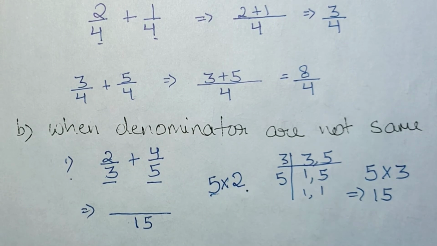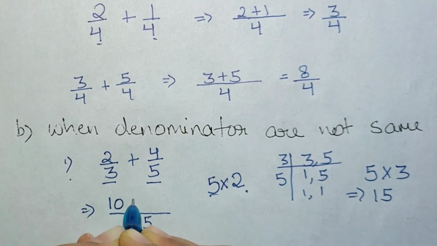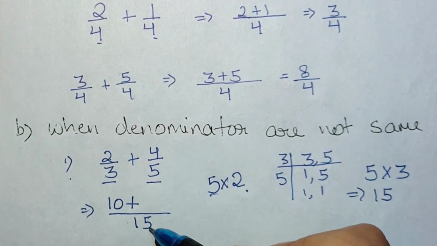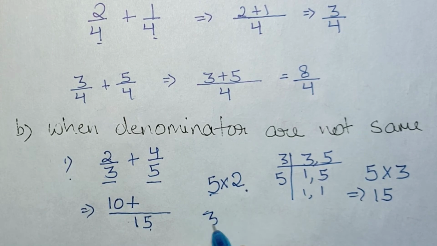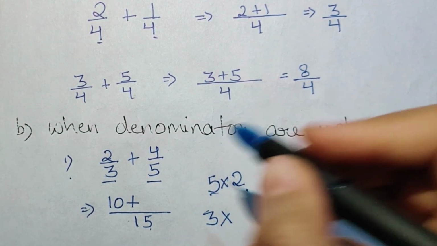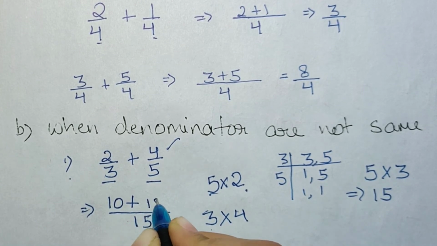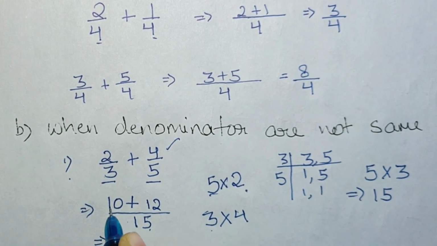So 5 2s are 10 plus, now with 5 we will see how many times we get the 15. 5 3s are 15. So we'll multiply this 3 with its numerator, that is 4. 4 3s are 12. Now you'll add this 10 plus 12, 22 upon 15.